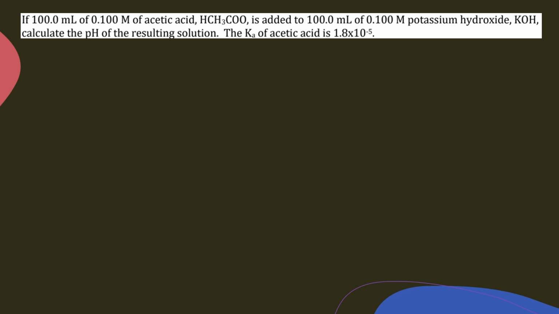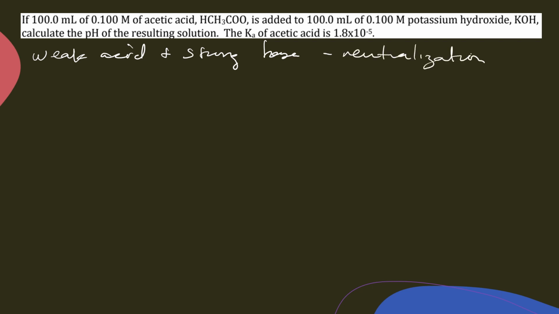So first you have to recognize what you have in this reaction. We have a weak acid and a strong base. So this will be some type of neutralization reaction because it's an acid and a base reacting together. You should end up with some kind of dissolved salt and water as your products.